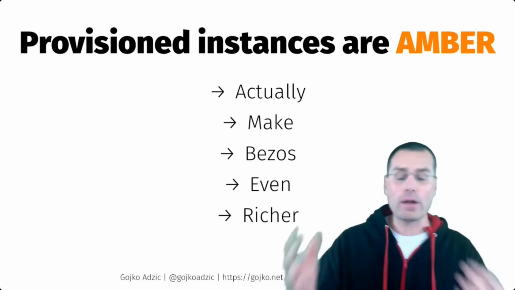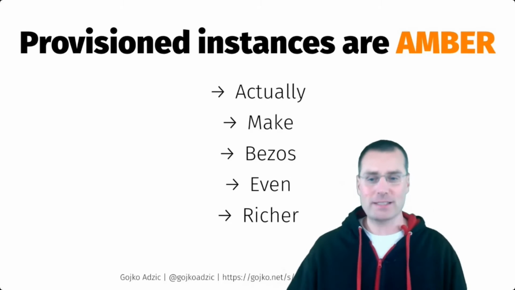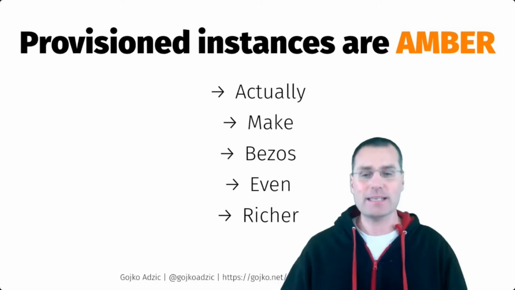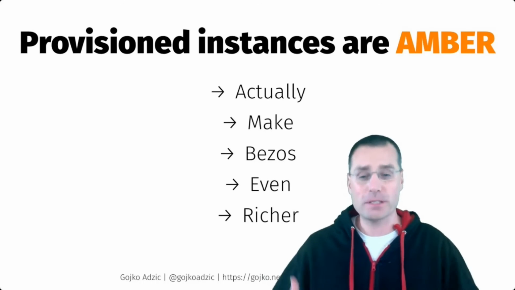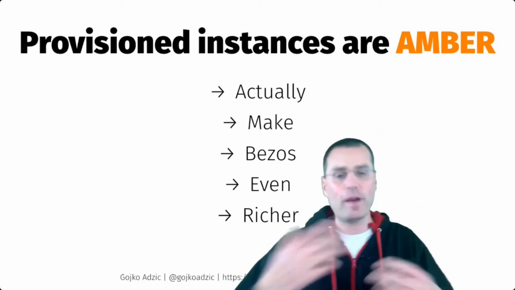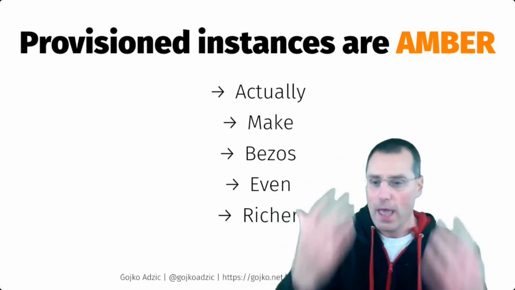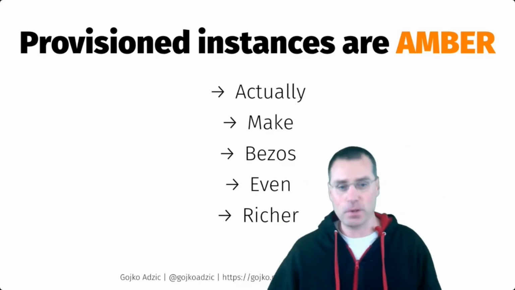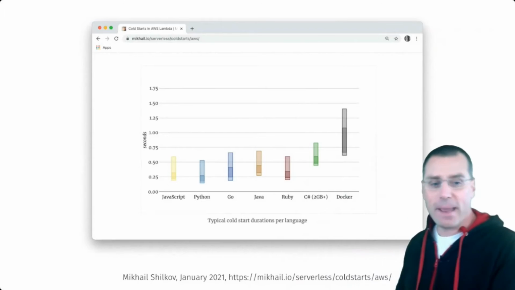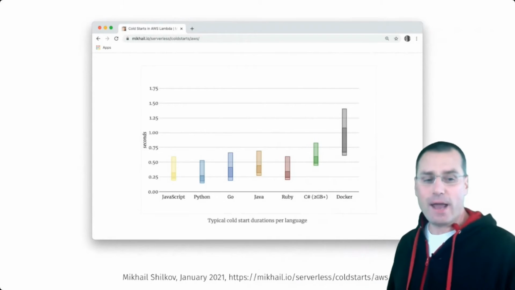And this whole craziness about cold starts was a problem in 2016. It's not necessarily no longer a problem, especially for web requests where the users are used to flaky Wi-Fi, they're used to a couple of 100 milliseconds of responses. Mikhail Shilkov publishes this amazingly good research every few months.